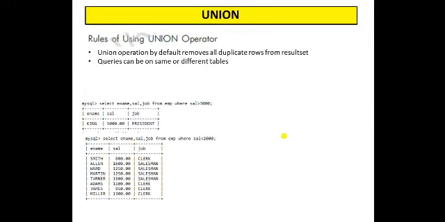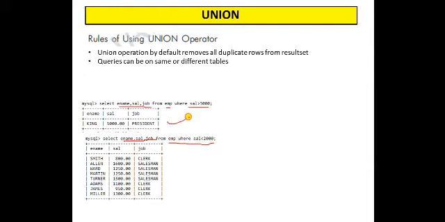If you see the first query, select ename, sal, job from emp where salary is greater than 3000. Select ename, sal, job from emp where salary is less than 2000. You can do it by using OR also. For example, I am just explaining the union operation to you.